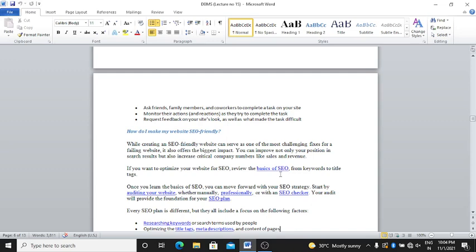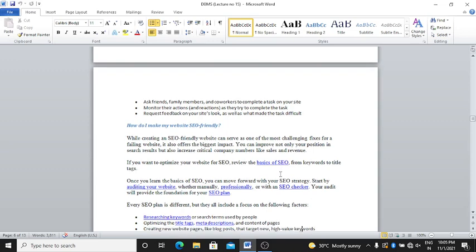You can improve not only your position in search results but also increase critical company numbers like sales and revenue. If you want to optimize your website for SEO, review the basics of SEO, from keywords to title tags.